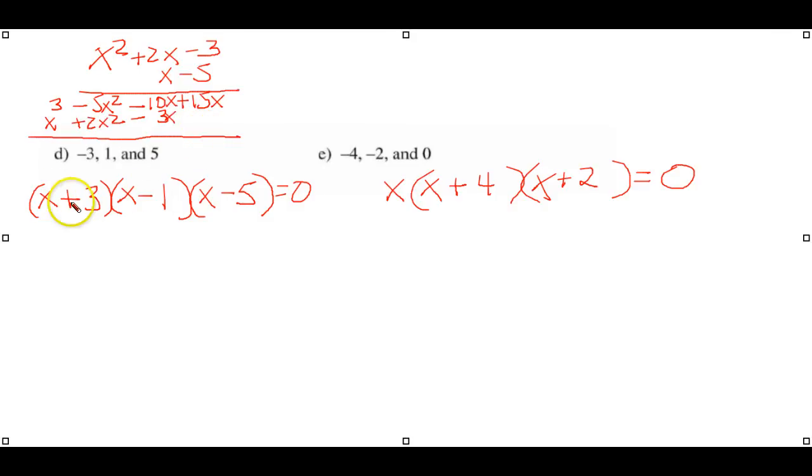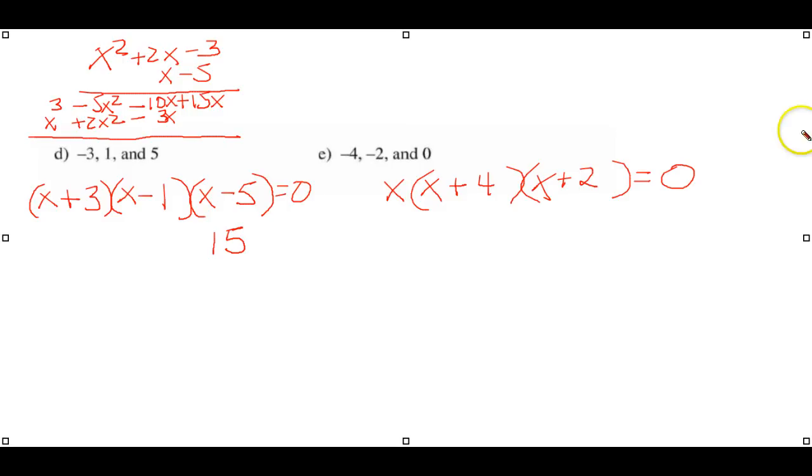So foiling this, we get this top line, and then we're just going to multiply it by this, and we do long multiplication. Now we can just bring it down here so we can see it better. This is going to be 15, and there's no x there.